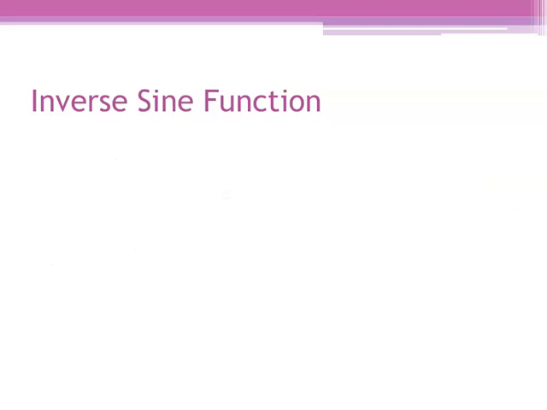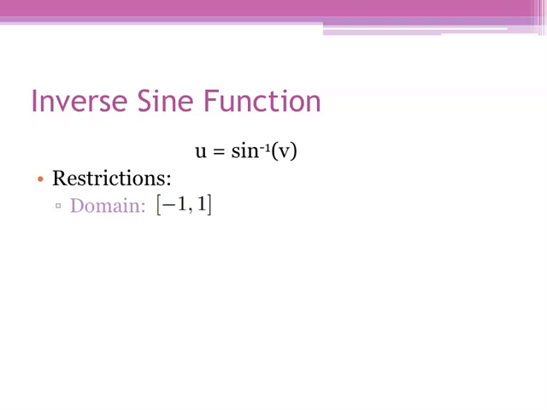So we'll start with the inverse sine function. So u equals sine inverse of v. Now in terms of the domain, the inverse sine function is going to be between -1 and 1, including -1 and 1. And then the range, this is the one that we're going to focus most of our attention on today.